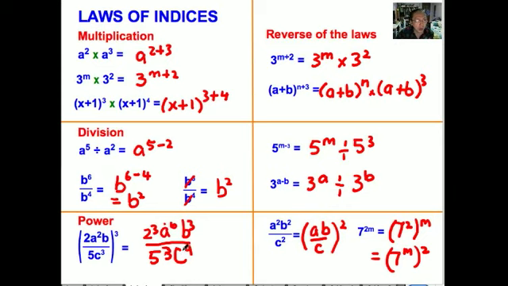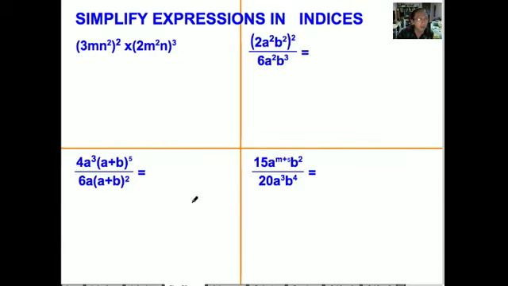Next, we will see how we use the laws to simplify expressions. In the first example, when we open the brackets, we have 3 squared m squared n to the power of 4 multiplied by 2 cubed m to the power of 6 n cubed.